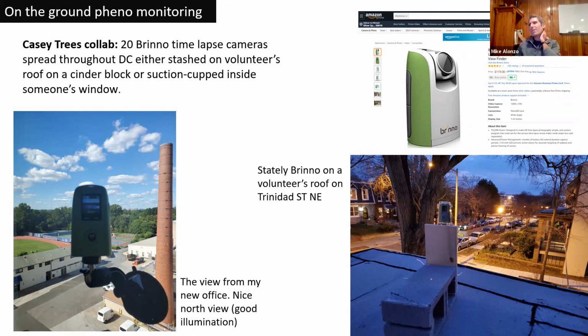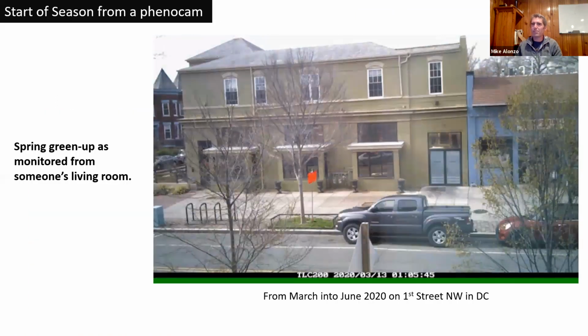So we distributed about 20 of these phenocams, either suction cupped inside of people's windows, looking out at some trees, or sitting up on this highly scientific cinder block creation, looking out, whatever the best angle was to see the most trees. This thing takes pictures every day, and we'll show you some of those.